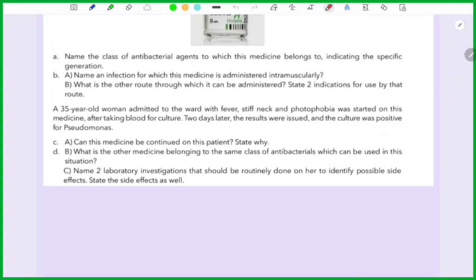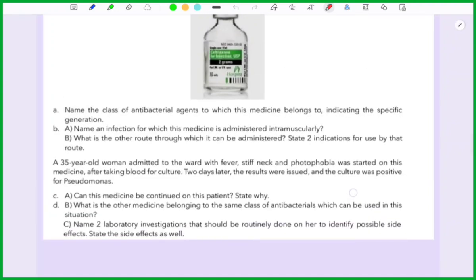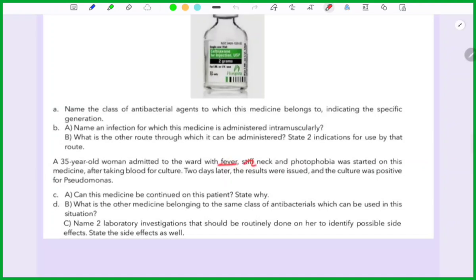The culture was positive for Pseudomonas. For this part, you will have to know the antibacterial spectrum of the given drug, Ceftriaxone. Fever, neck stiffness, and photophobia are suggestive of meningitis.